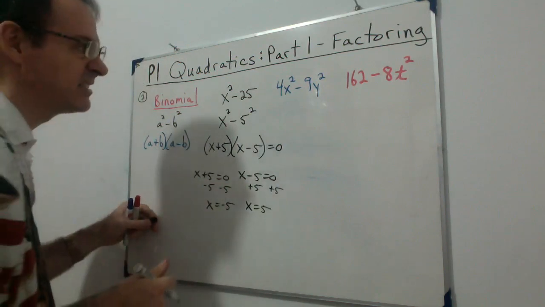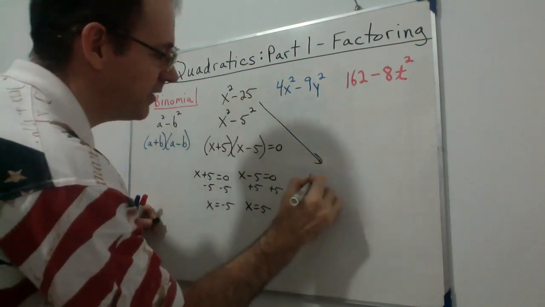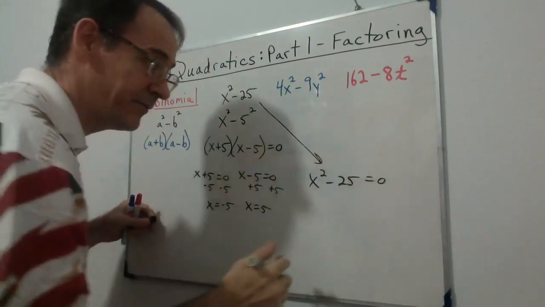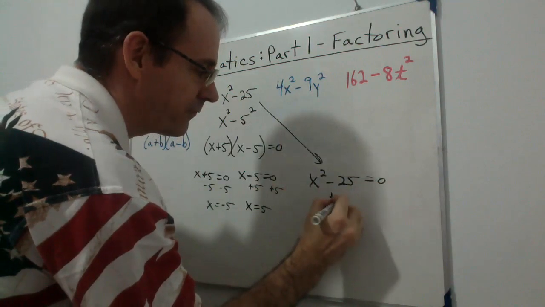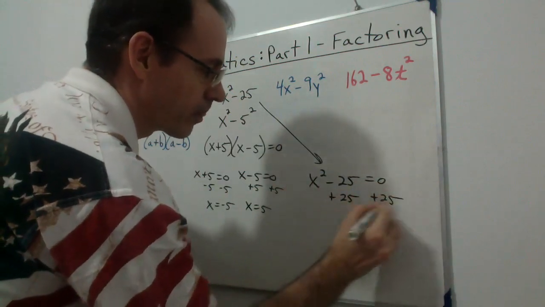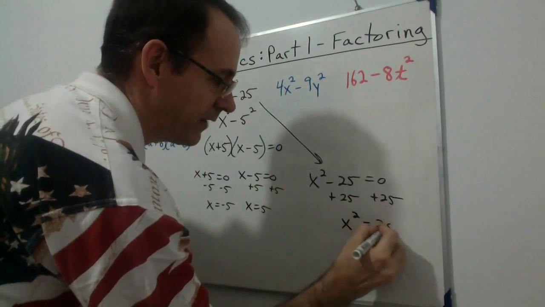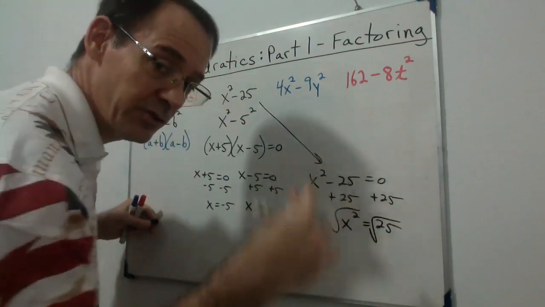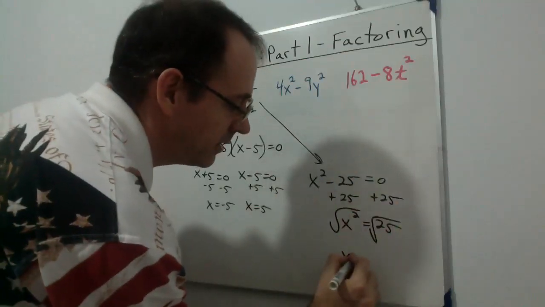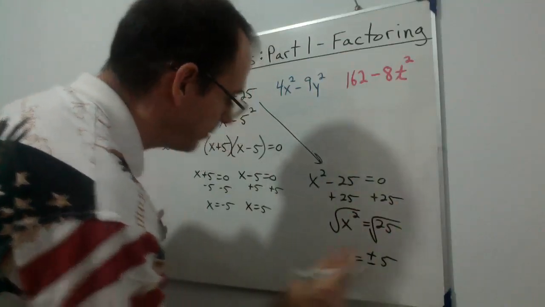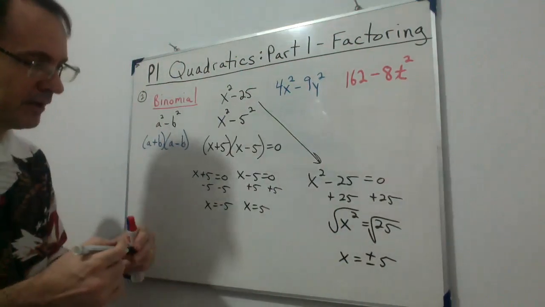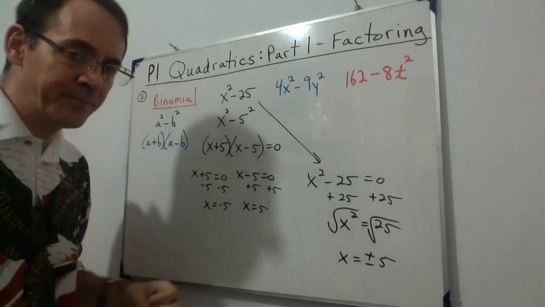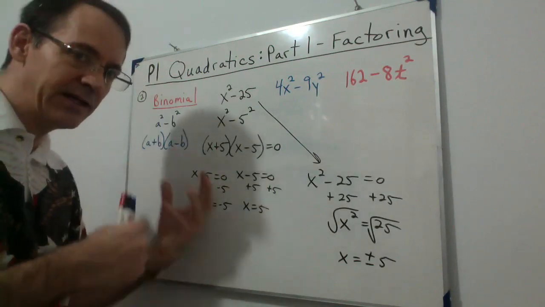Now that should make sense, because if we solve this a different way, directly, like what we did before, if we add 25 to both sides, we get x squared equals 25. And when we square root both sides, remember with square roots, you have to introduce the plus or minus. So you get x equals plus or minus 5, which is the same thing. So this is one method. Factoring is another method, but you never know when you're going to run into the factoring.